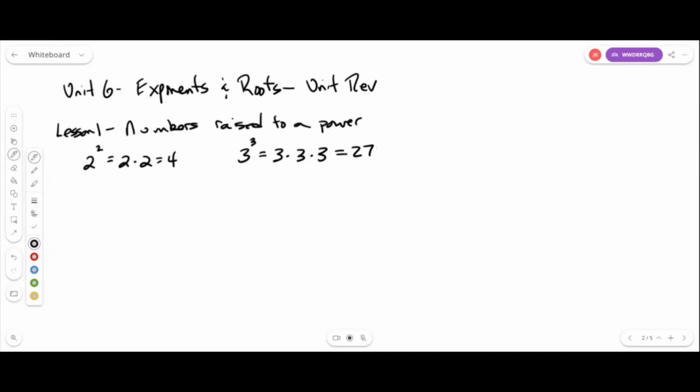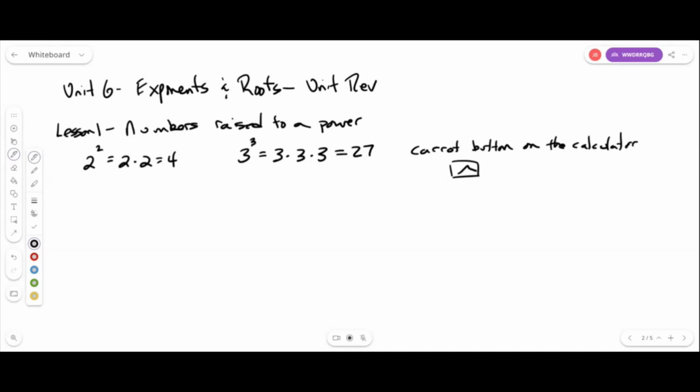And then we learned about the caret key, the caret button on the calculator that looks like that. And we know that that means that we can do an exponent.